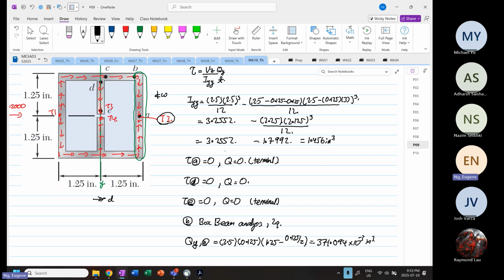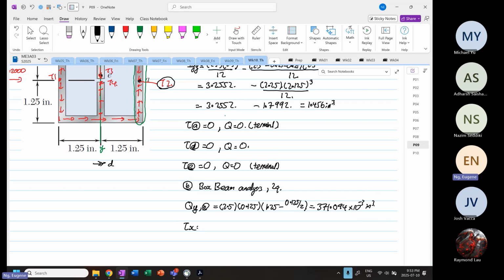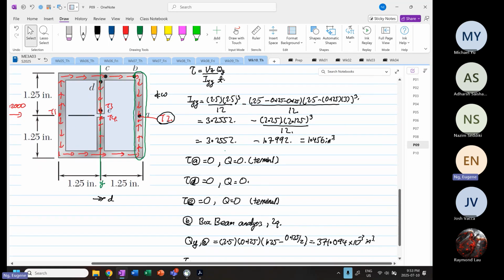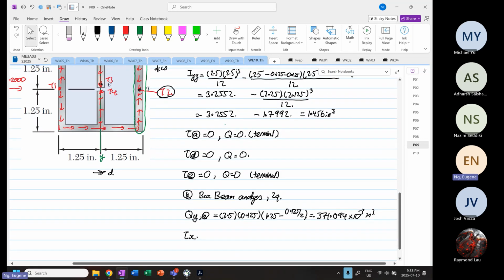I do it again, 371.094, right? So the intersecting plane is X and the direction is in Z, because at point B it's in Z.